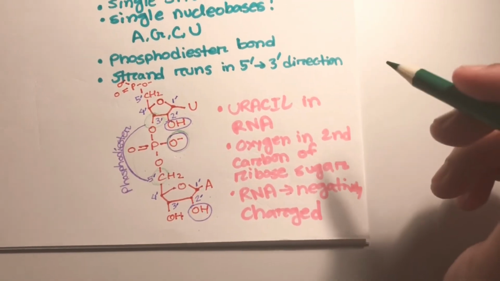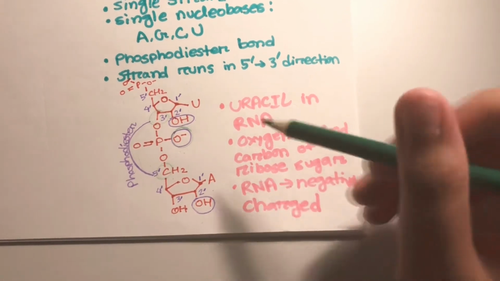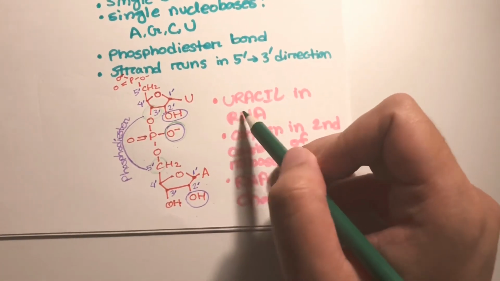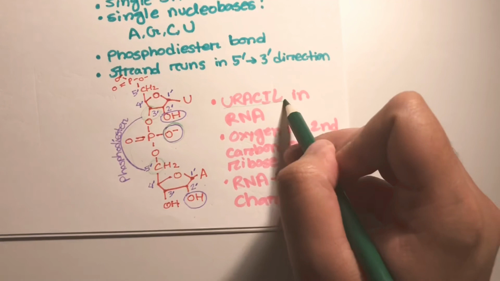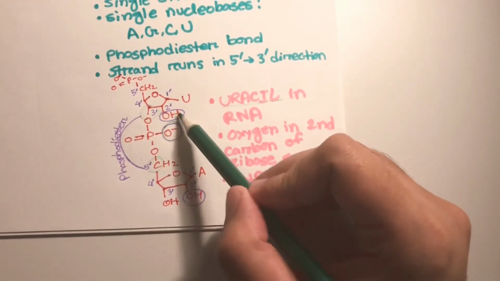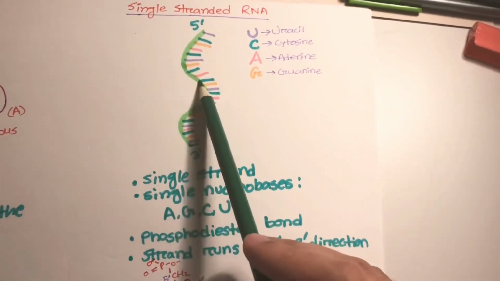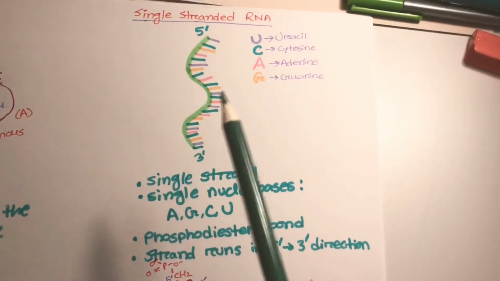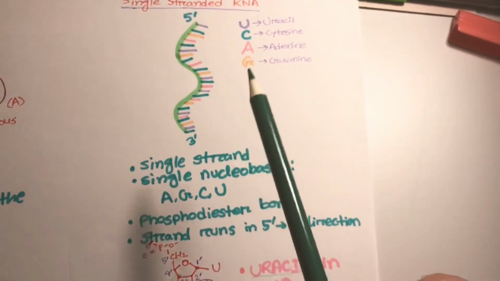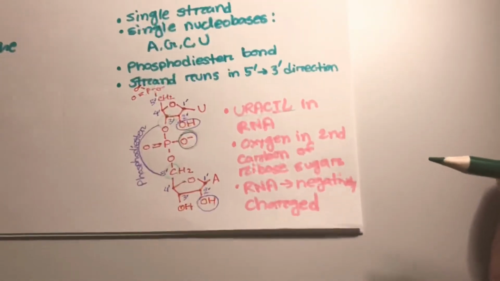So now we know that RNA is a bit different to DNA. We know that as a nitrogenous base, we have uracil present in RNA, and there is an oxygen present in the 2nd carbon of the ribose sugar of RNA, and also RNA has a single-stranded structure, but DNA has a double-stranded structure, which we have seen in my previous video.